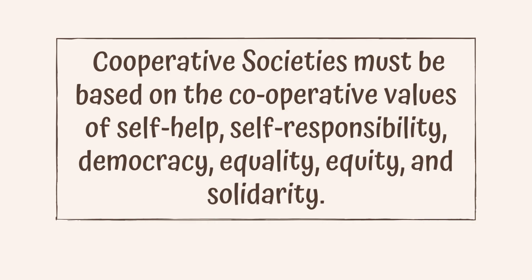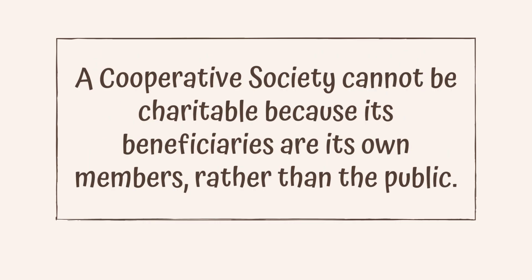In general, membership to a cooperative society is open to people who use the services by the society or work for that society, and the profits can be distributed to those members, providing that this is not the primary purpose of the organisation. A cooperative society is not seen as charitable because its beneficiaries are its own members rather than the public or wider community. A cooperative society is incorporated, it has voting members and it can have paid directors.